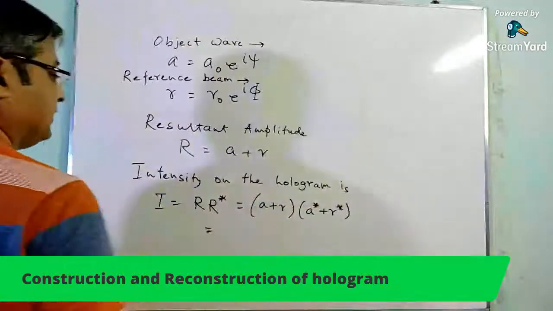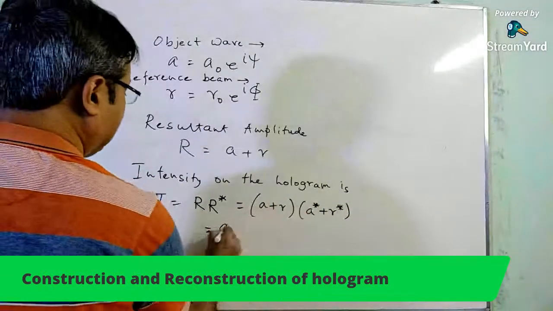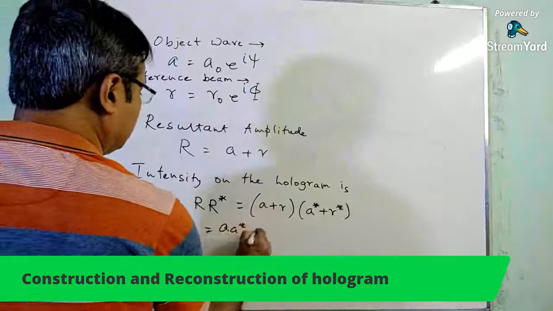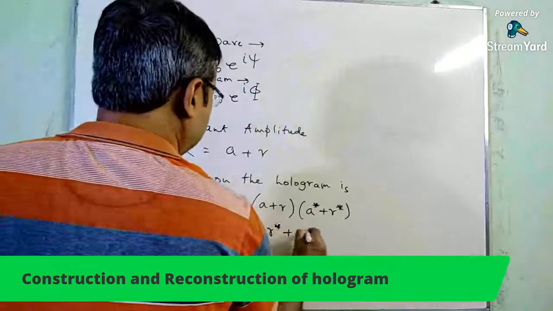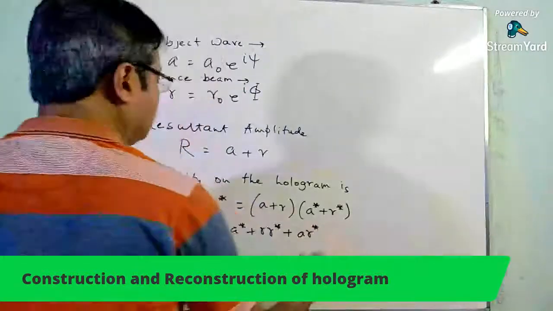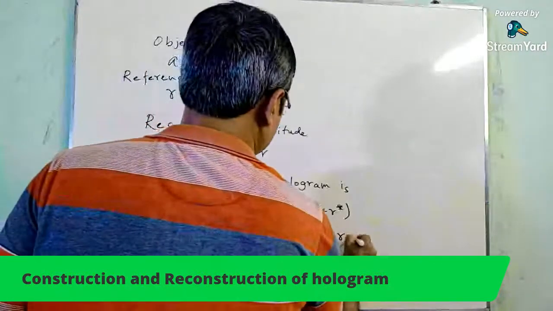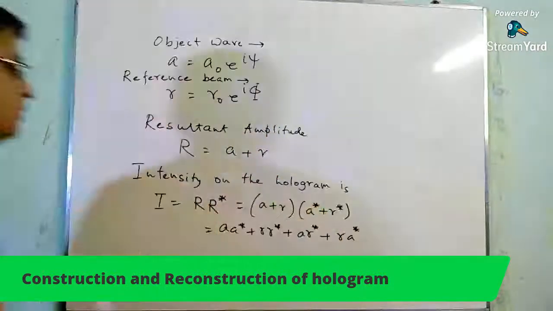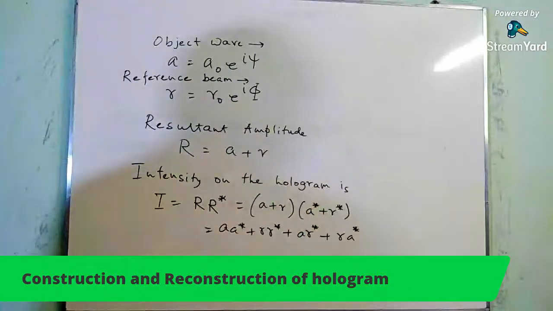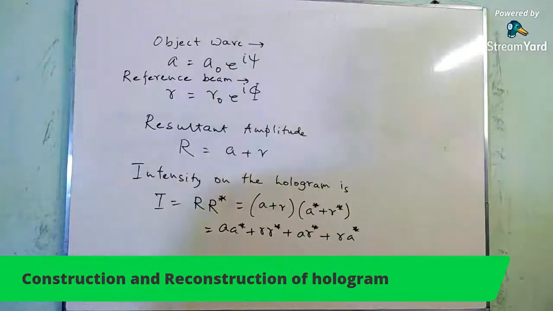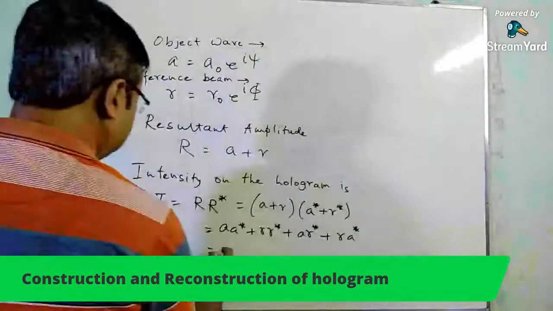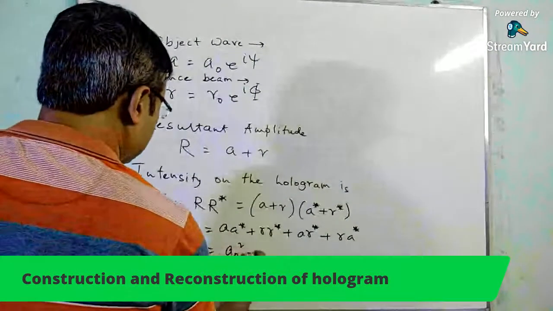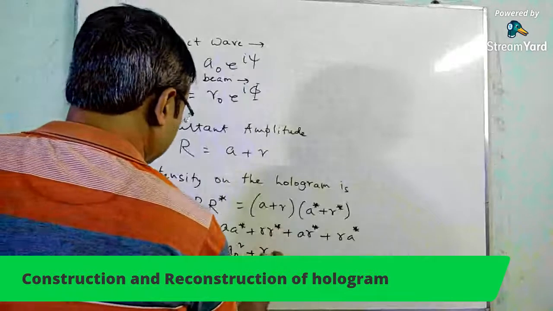Putting the values and simplifying, we will get A star A plus R star R plus A R star plus R A star. Now A star A will give us A0 square and R star R will give us R0 square.